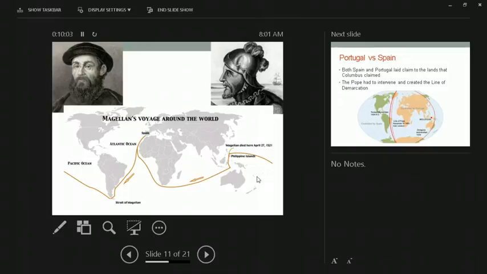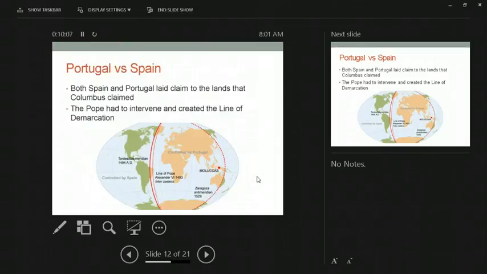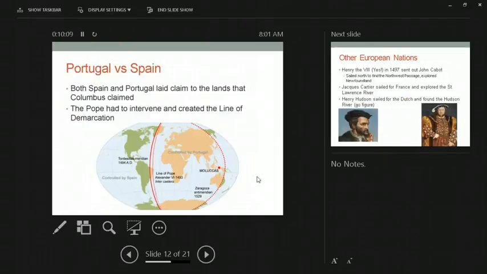Now, Spain and Portugal are leading the way here, and they kind of ease the fighting. And it's kind of funny, because the point is, does Spain or Portugal own any of the earth outside of their own country? But they decide, you know what? You take this side of the world, we'll take this side of the world. The Pope actually had to intervene and say, "Hey, Portugal, you get this.